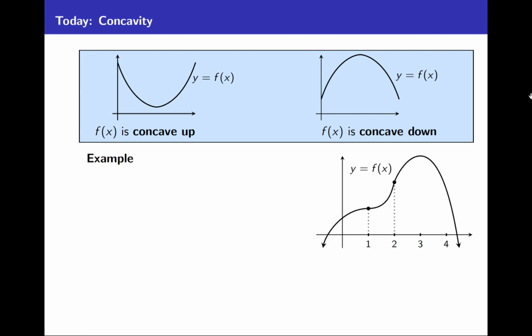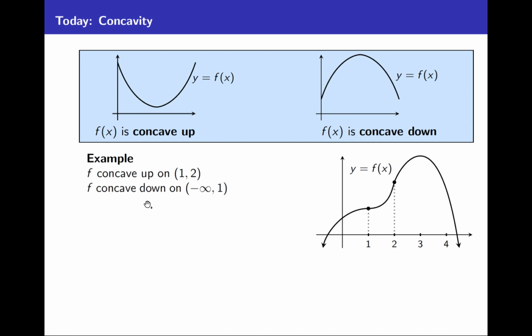And here's an example. I've got a function f of x graphed here, and we would say this particular function is concave up on the interval from 1 to 2, because on that interval, the graph has the concave up shape.